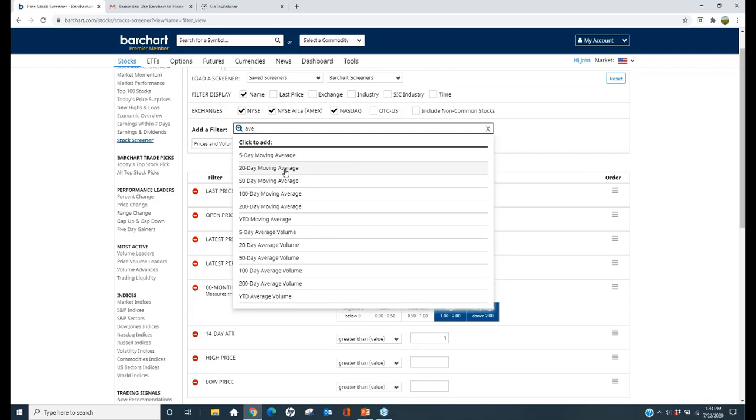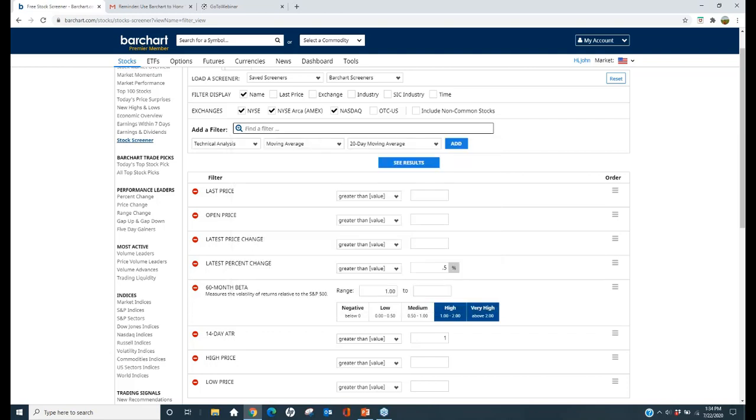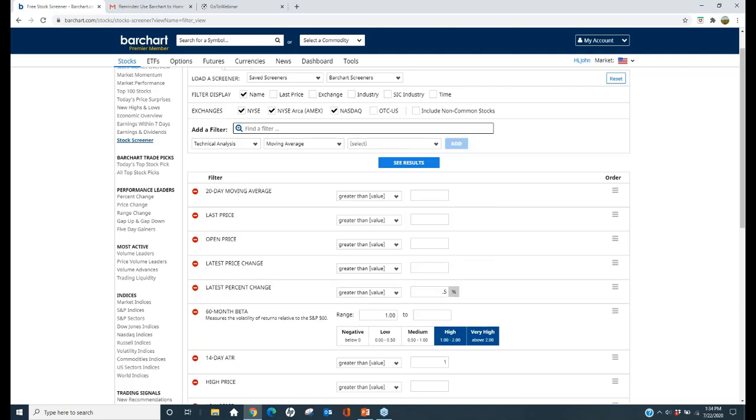If I'm a day trader, I might only look at average volume over 5 days. Swing traders, maybe 20 or 50 days. I want to see a larger sample size. So I'm just going to pick 20-day moving average for my average daily volume. And again, here I'm going to be allowed to set that value. And again, I'm going to cast a little bit wider net: 5,000, 50,000, 500,000 shares a day.